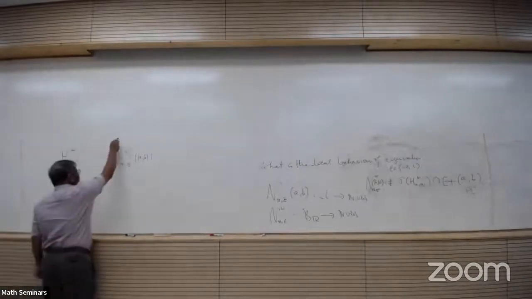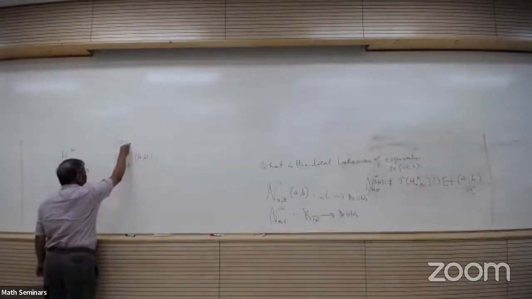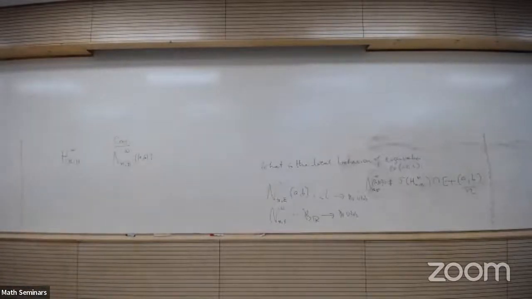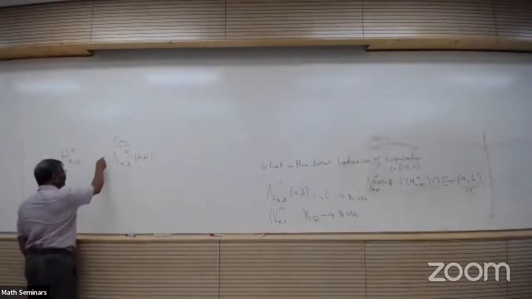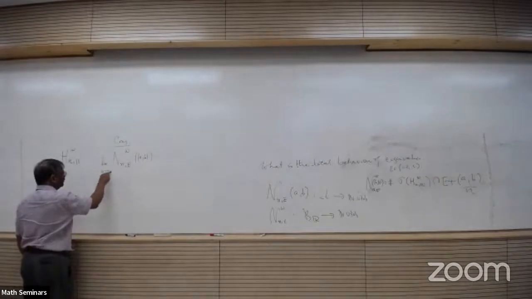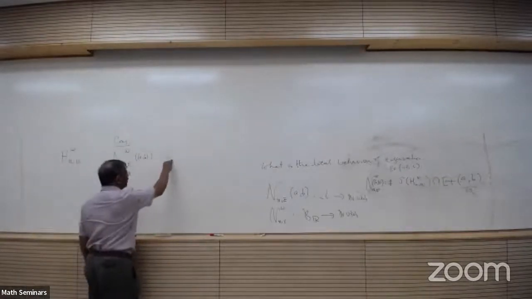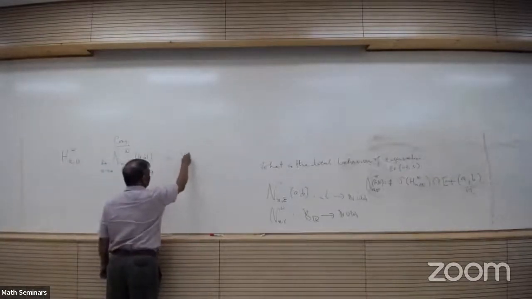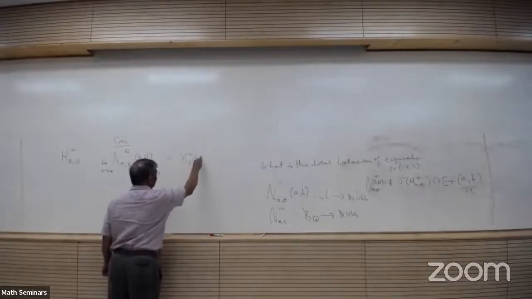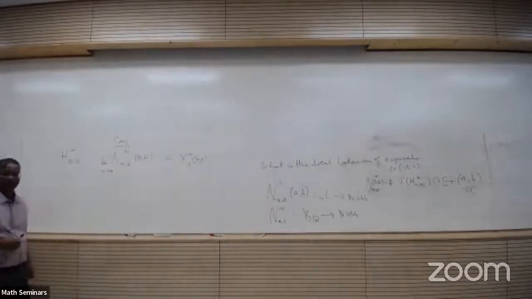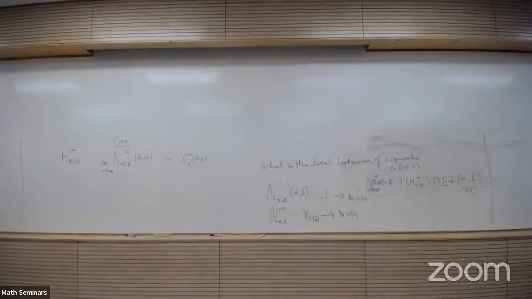So the conjectures are, if you look at the limit, suppose it goes to some X_E^omega(AB). Let me assume that you have a limit.